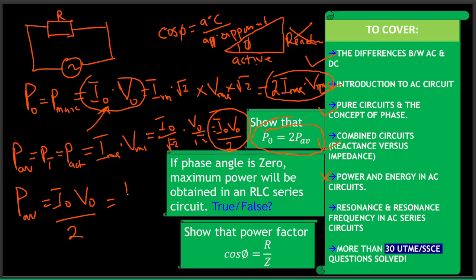This is peak power divided by 2. So if I cross multiply, of course, it becomes obvious that peak power is equal to 2 times average power. I hope this is clear. All right.